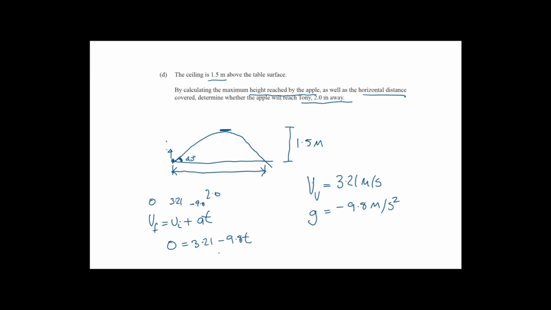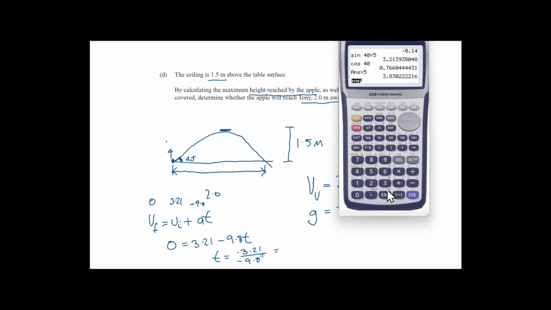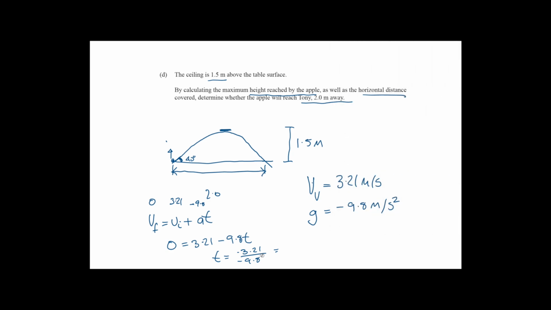Solving for time, we bring this 3.21 over, so the time is equal to 3.21 divided by 9.8. They're both negative, but they cancel, I guess. So 3.21 divided by 9.8 is 0.33 seconds. So that's the time it takes to get from there to the top.